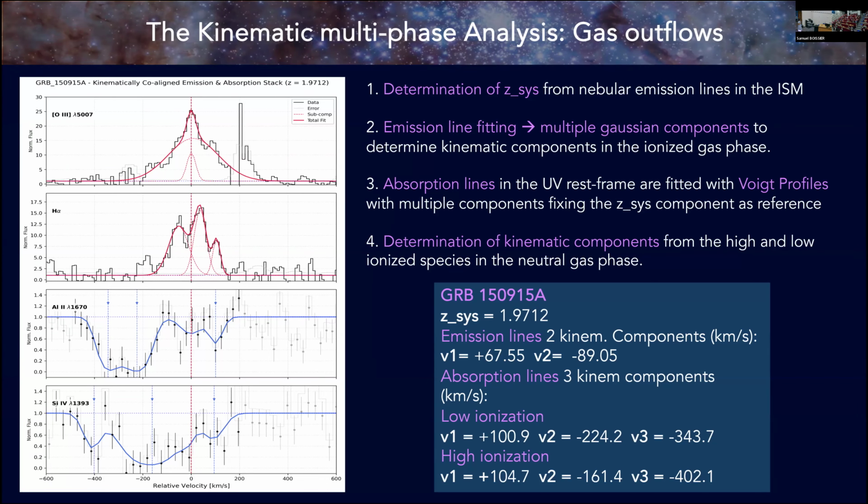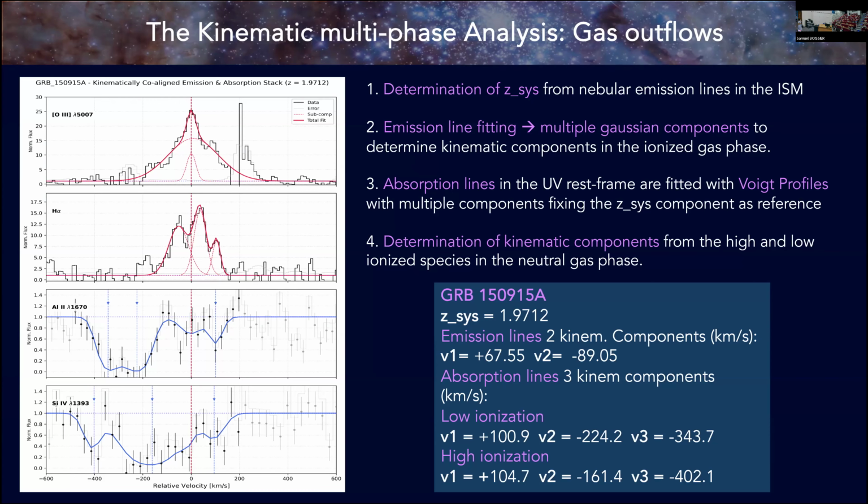So we have oxygen III and H alpha. Oxygen III here in this case is the strongest line. So we define the systematic velocity, and with reference to this velocity, we also applied multi-component Gaussian profiles for the emission lines and Voigt profiles for the absorption lines.